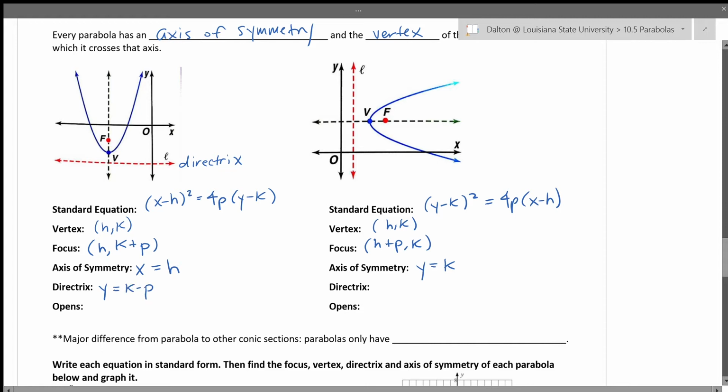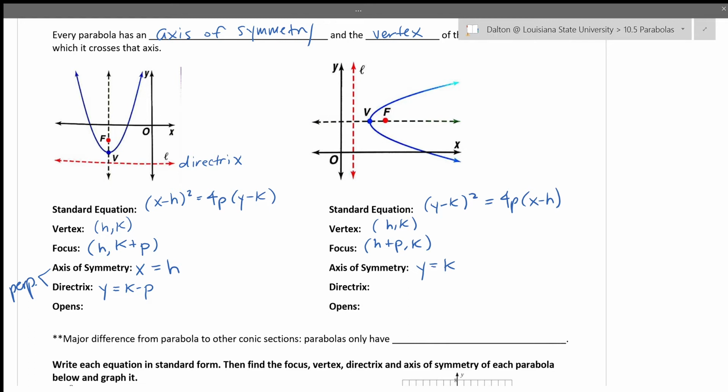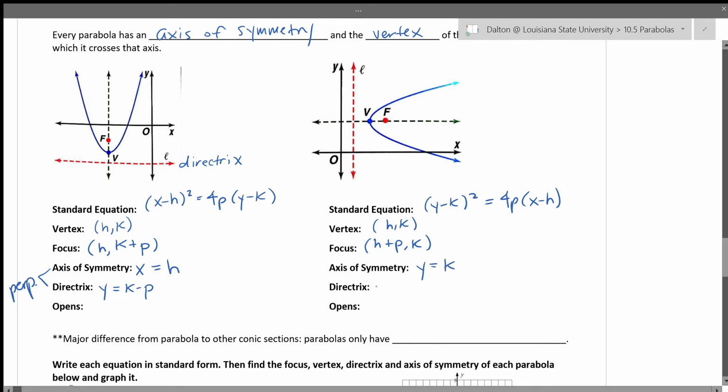Now, I want you to notice the directrix and the axis of symmetry are always going to be perpendicular to each other, no matter the orientation. And when our parabola is flipped to the side, our axis of symmetry is horizontal, but our directrix is now vertical. And it's found by the equation x equals h minus p.